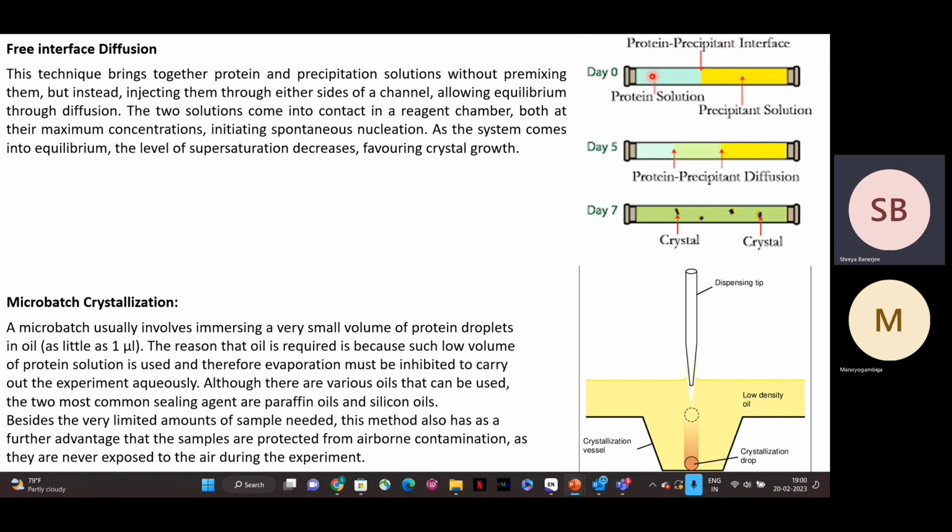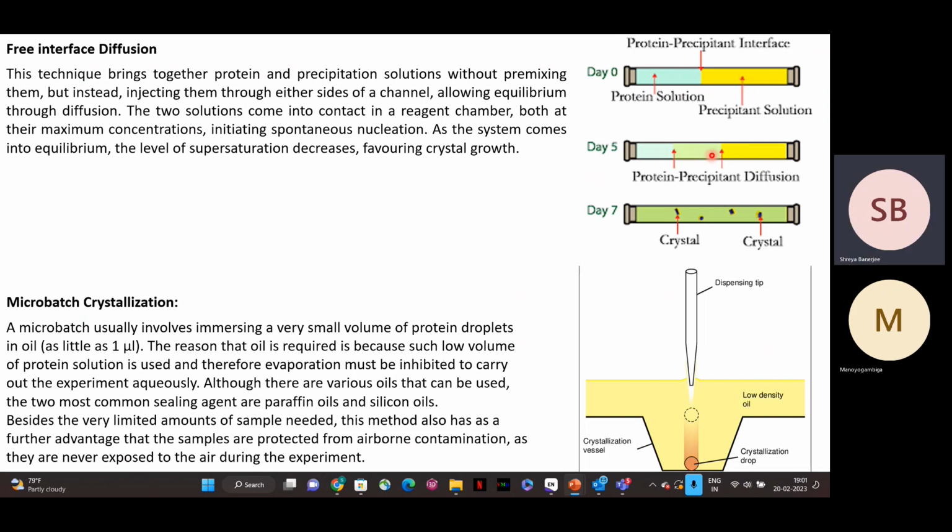There are certain other methods to enable crystal growth, one of which is the free interface diffusion. So in this technique, the protein and the precipitation solutions are brought together from different ends of the tube. They are injected through either end of the channel, and equilibrium is allowed through diffusion.